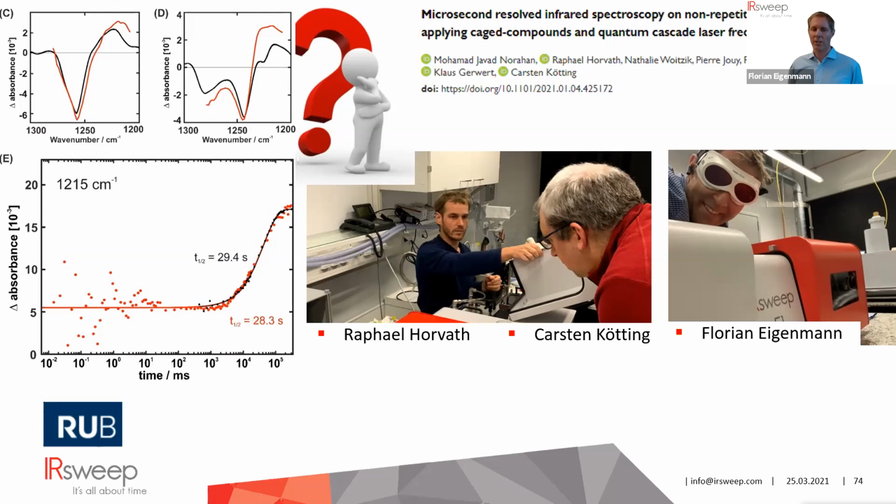Yeah, I see. Actually, is there also probably an advantage to measure through ATR with several reflections with dual comb spectroscopy? Yeah, in principle, what you could do is use more reflections to get more signal.